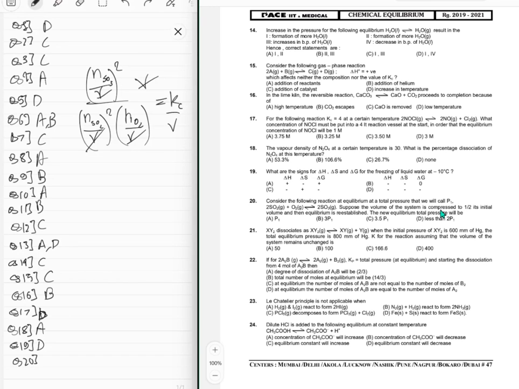So SO3 increased, SO2 and O2 decreased. How do we do it now? Do we assume that SO2 and O2 are in the ratios as given in the stoichiometry, or something like that?